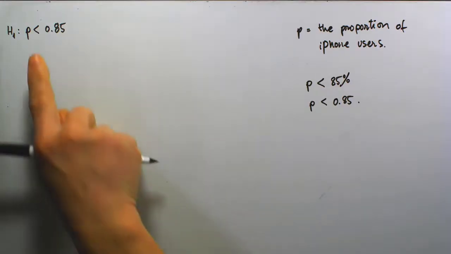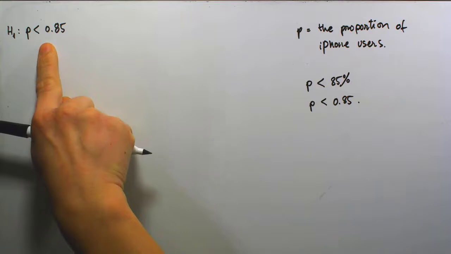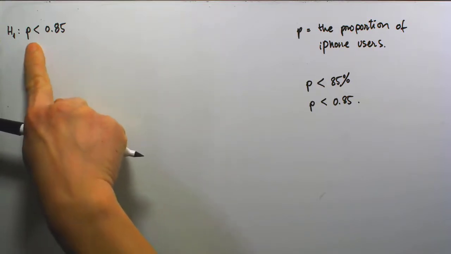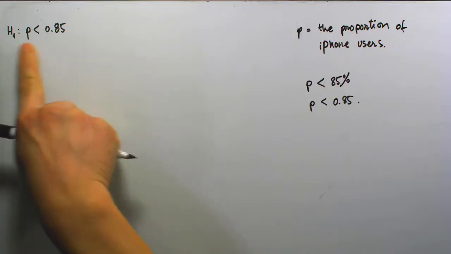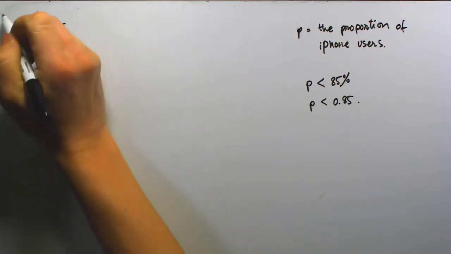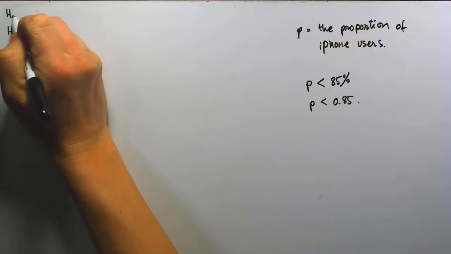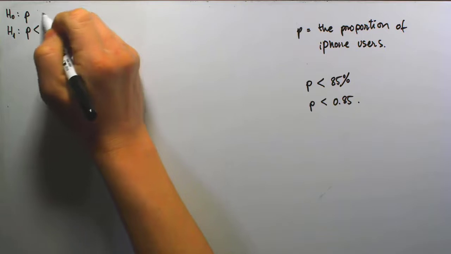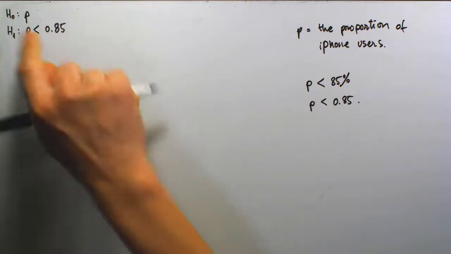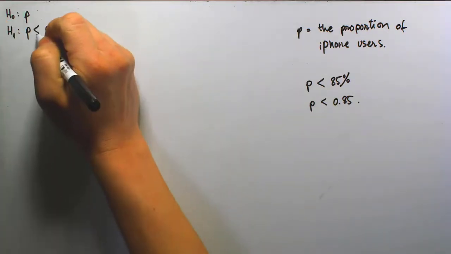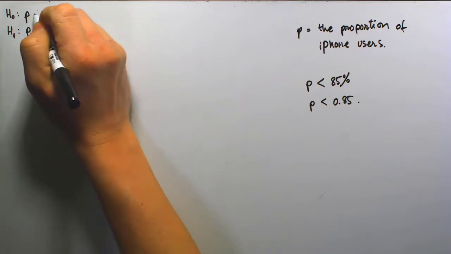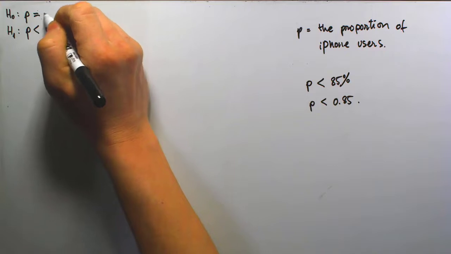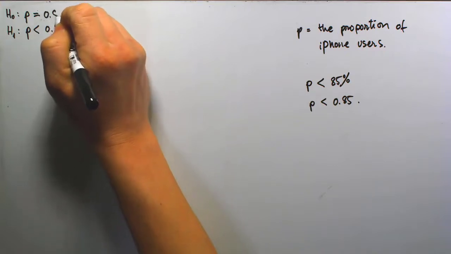And again, according to the general lecture, anytime that we have successfully identified H1, the alternative hypothesis, we can easily write down our null hypothesis by simply restating the statement but substituting the inequality with the equal sign. So instead of saying P less than 0.85, the statement in H sub 0, the null hypothesis, says P equals 0.85.